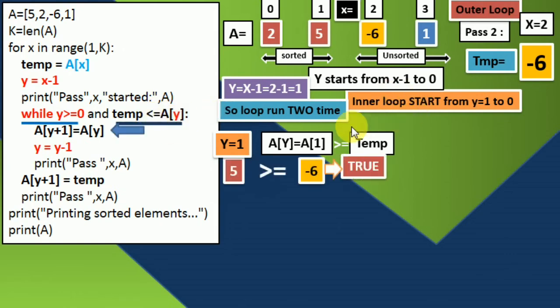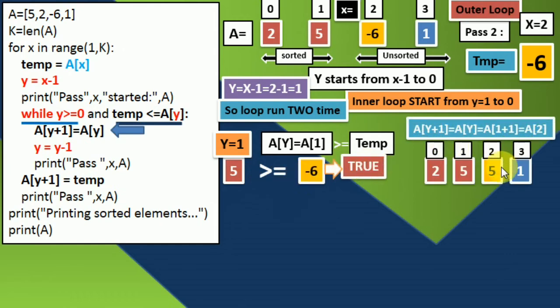So what are the numbers? That is 5, and it's going to be checked with the value of temp, that is minus 6. Is this condition true? It's correct. So now that yellow box where minus 6 is there, that we already stored inside the temp, is overridden with the value of 1.